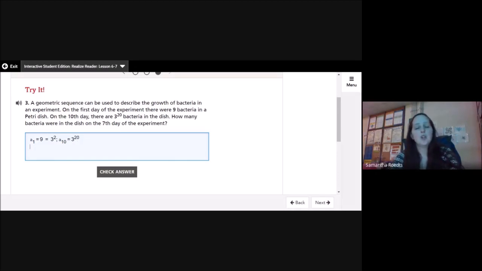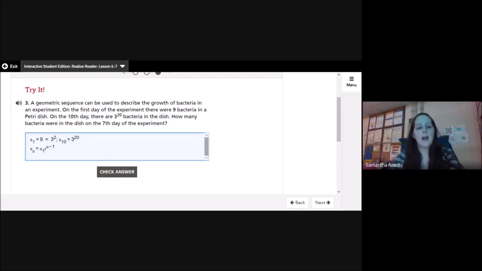So now when I solve this, I have a sub n equals a sub 1 times r to the n minus 1 power.